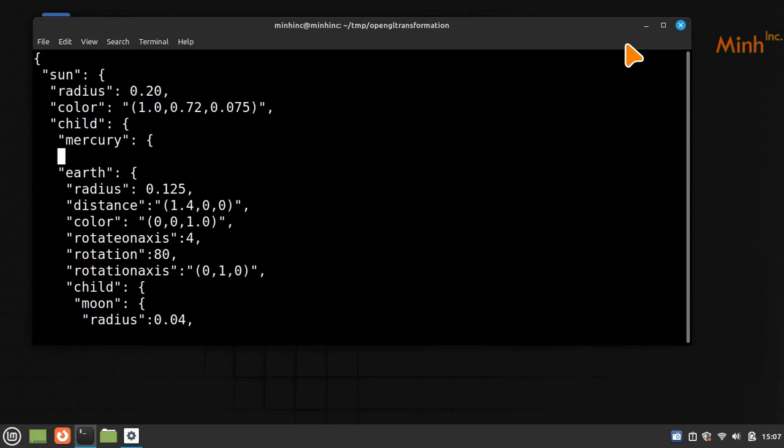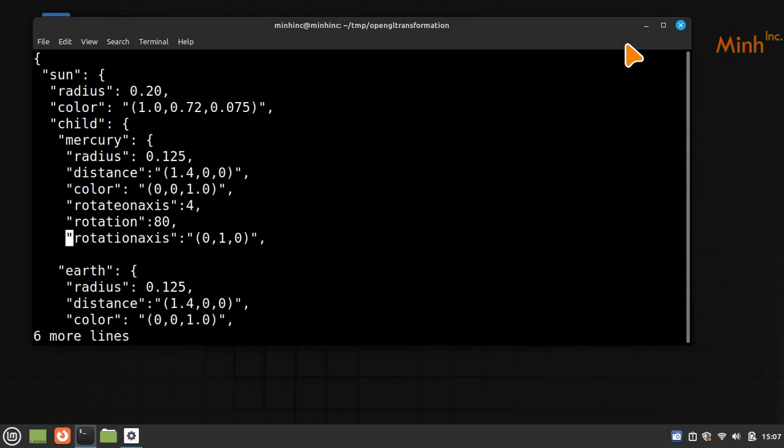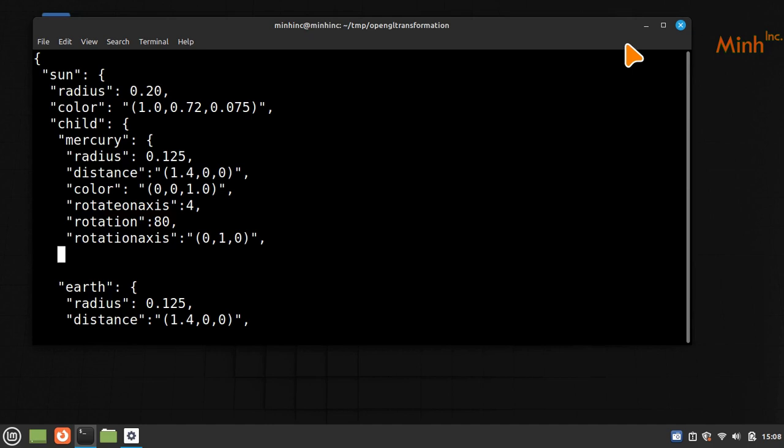I think we can copy paste. So Mercury would end here, and there would be a comma. JSON is very strict about commas and curly braces. So how big is Mercury? It is not very big, about 0.09.